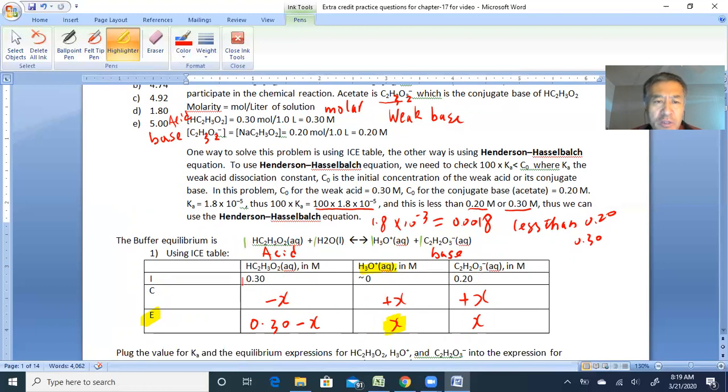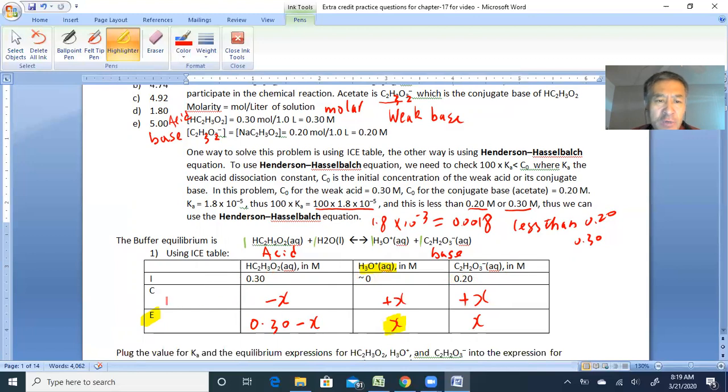I is initial. The initial concentration for the acid is 0.30. H3O plus is approximately 0, because some H3O plus comes from the water autoionization. The initial concentration of the conjugate base is 0.20.